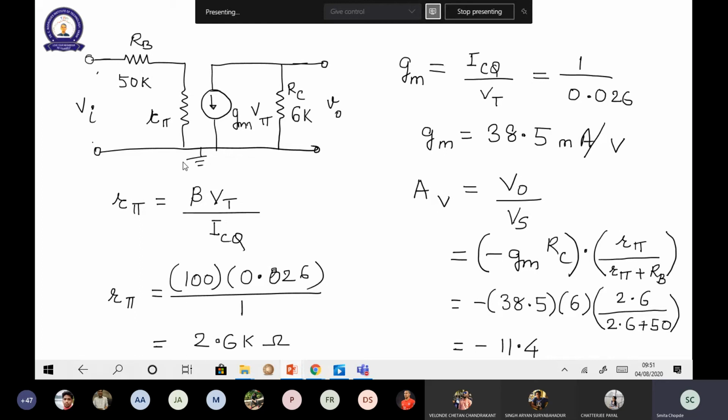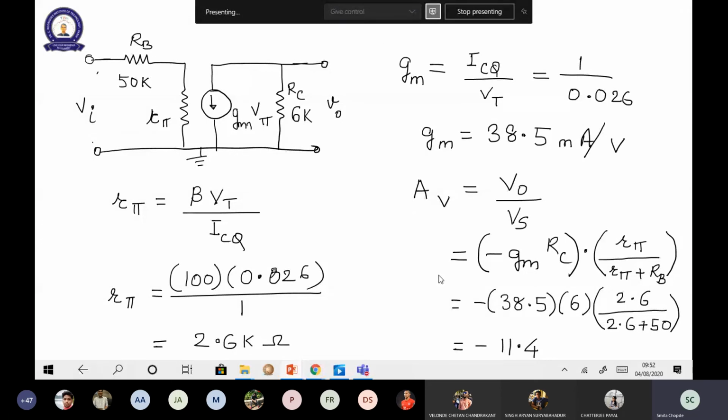And there is no resistance here in the emitter. That is why. Otherwise this would have changed. If there is any resistance in the collector and if there is any resistance in the emitter and you are taking output across the emitter resistance, then the configuration also changes, from common emitter to common collector.